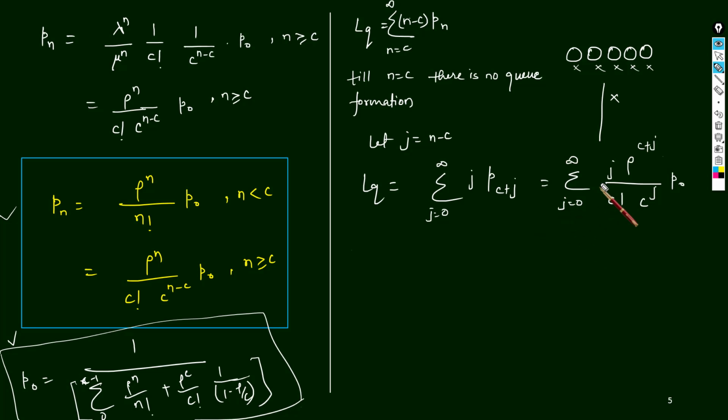So now what I'm going to do is I'm going to put it into differential form. So how we can write, so we want this one rho to the power j minus 1 term, so we can write c plus 1, okay, and then it will remain j into rho to the power minus 1.